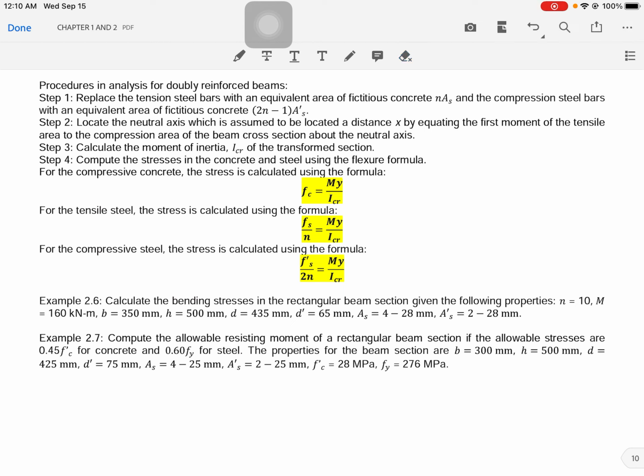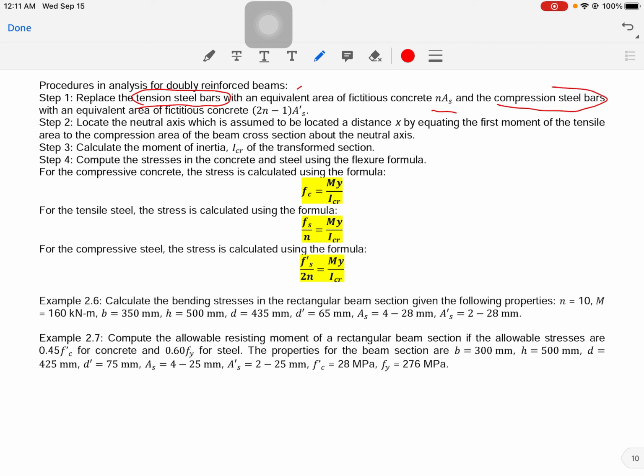These are the procedures in analysis for the doubly reinforced beam. The first one is to reduce the tension steel bars to an equivalent area of fictitious concrete, nAs. We already know the nAs, so that is for the tension steel bars.